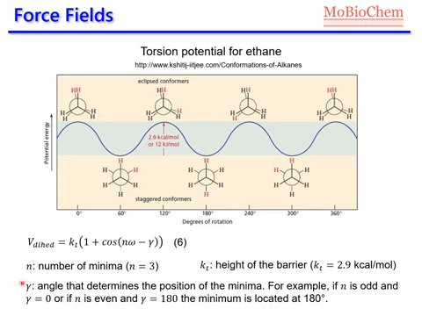This is probably a bit complicated to see, so the best thing you can do is to plot this equation, trying different values for n and gamma, and then you will figure out how the combination of n and gamma will provide you the position of the minima at different angles.